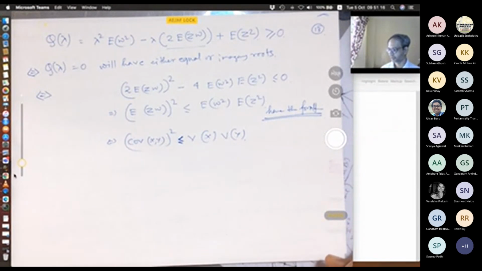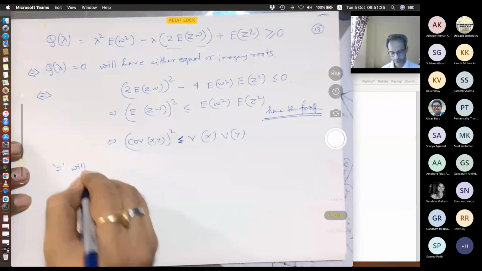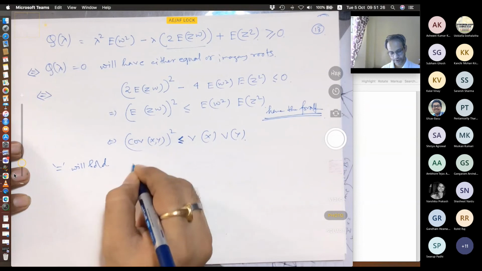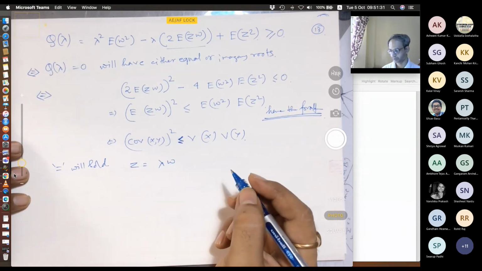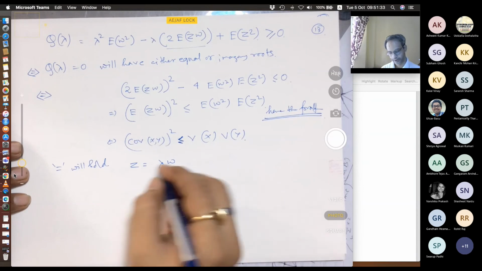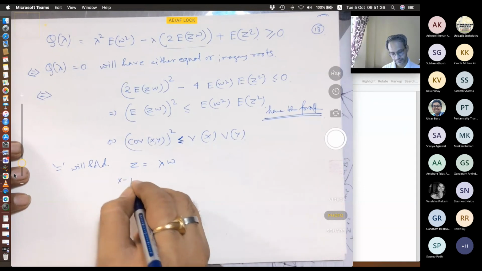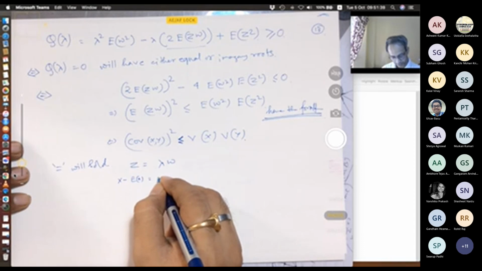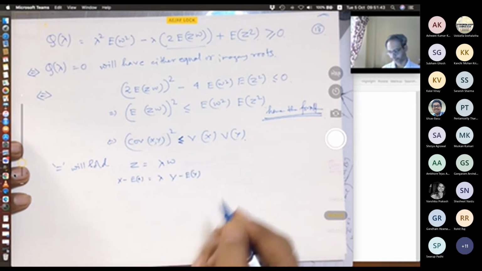When there exists a lambda such that T is identically 0. So that means equality will hold when Z equals lambda W. So X minus expectation of X equals lambda times Y minus expectation of Y.